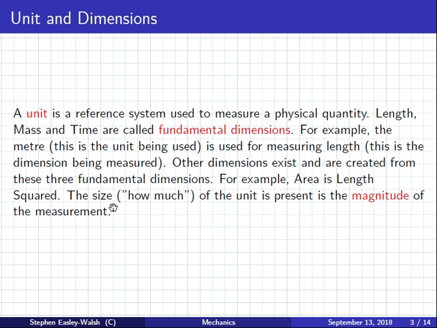The size of the unit is called the magnitude. So if I say what is the magnitude, that means what's the size, how much, how big. So magnitude, you'll need this word, magnitude. Is this a new word, Ben, or do you know this word, magnitude?